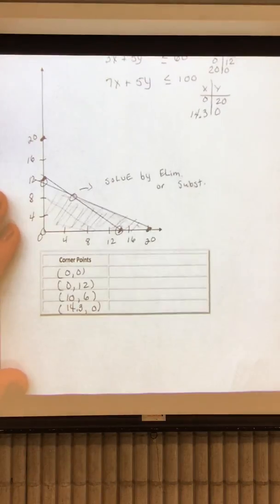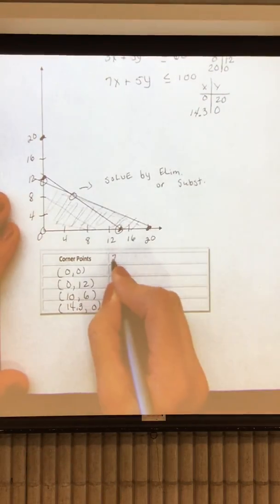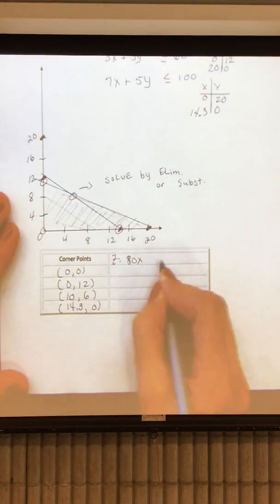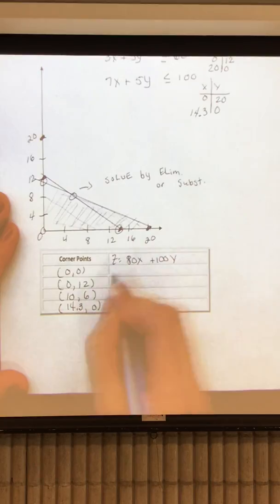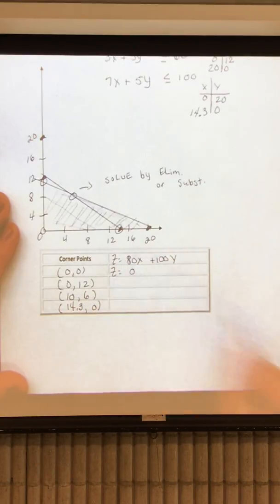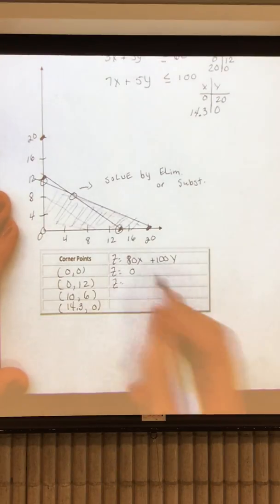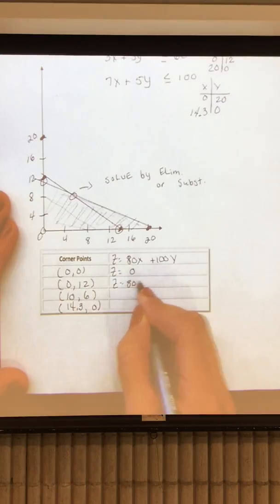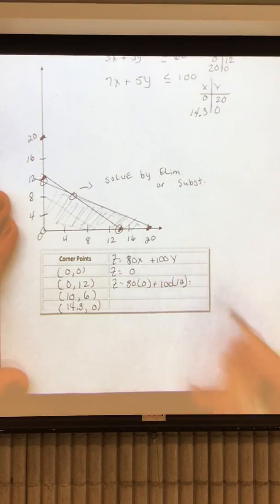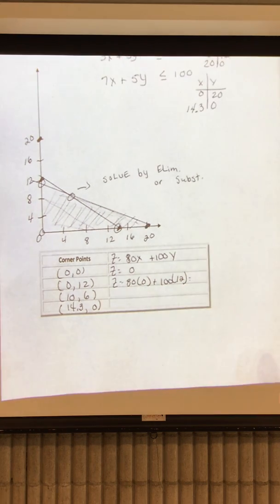Once we have all our corners, we want to substitute them into our objective function, which is 80x plus 100y. When you substitute 0 into x and 0 into y, we have 0. When you substitute 0 into x, we have 80 times 0 plus 100 times 12, and that is equal to 1200.